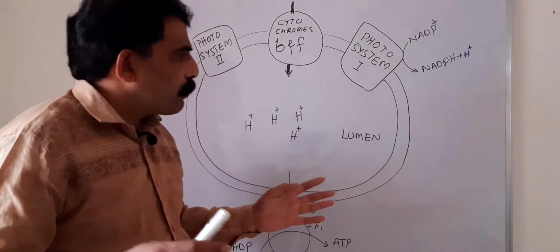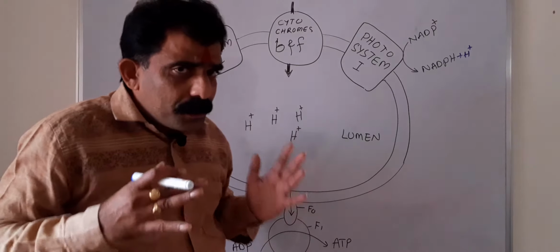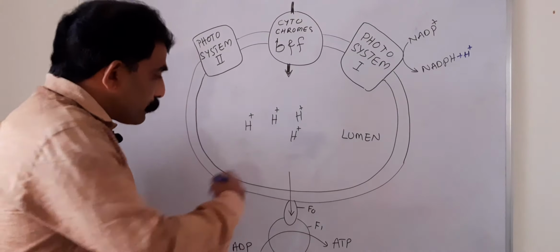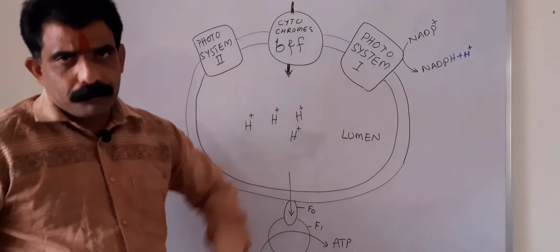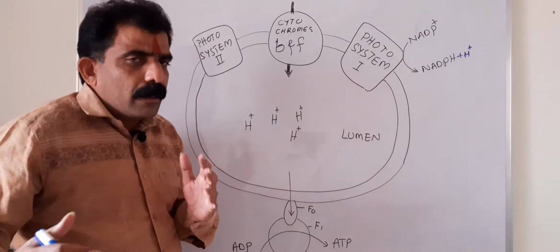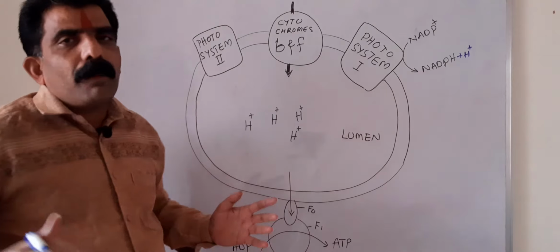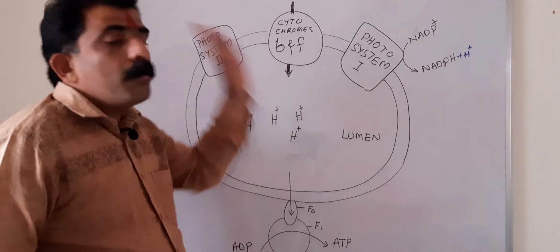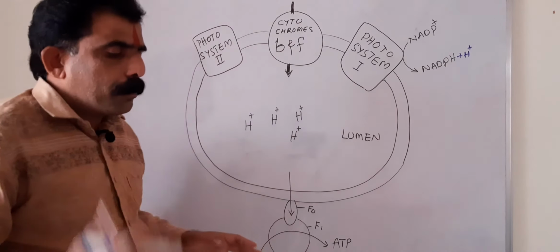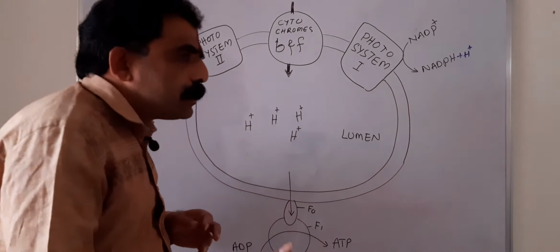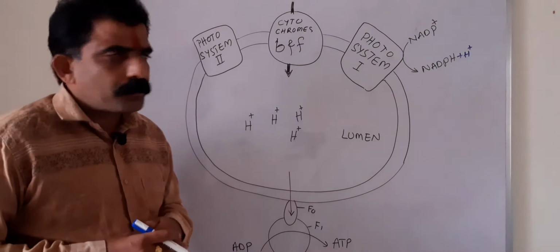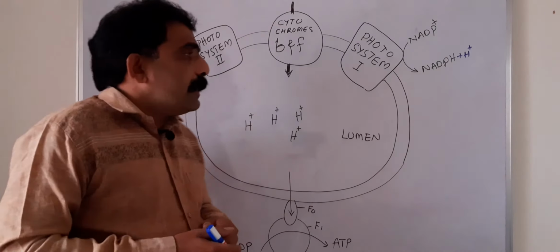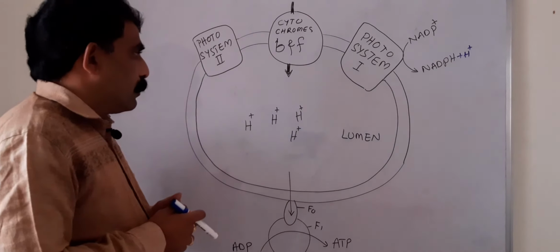As a result, proton concentration is decreased in the stroma and increased in the lumen. So this leads to the establishment of a proton concentration gradient between the stroma and the lumen. In the lumen, proton concentration is increased, decreasing the pH, whereas in the stroma, proton concentration is decreased.